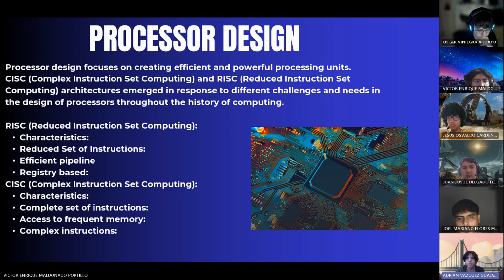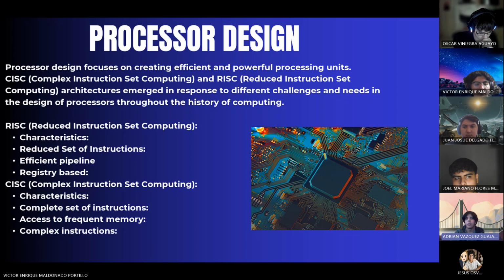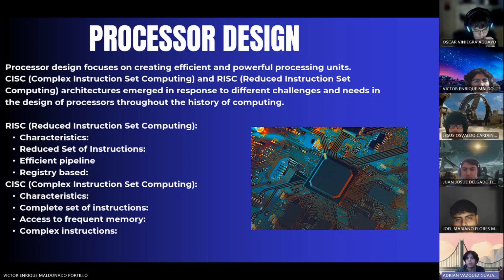In contrast, the CISC architecture is characterized by its complete set of instructions and frequent memory access, enabling the execution of complex instructions. This design not only addresses different challenges, but also shapes the landscape of modern computing, providing flexible and adaptive options to meet diverse needs.